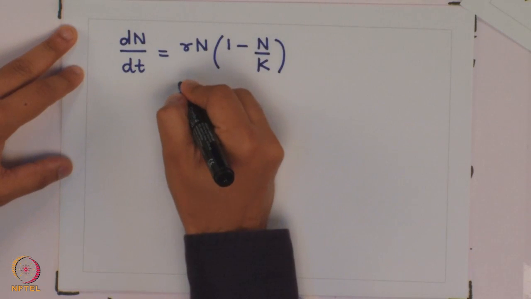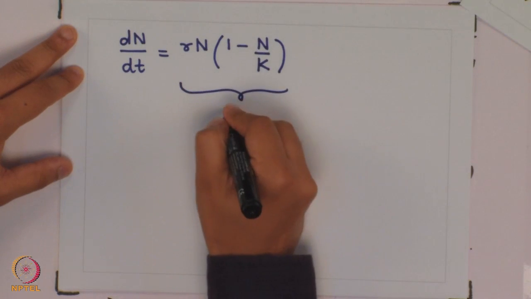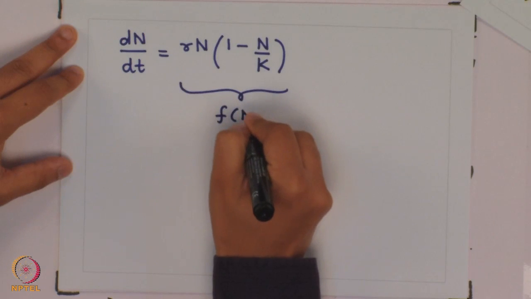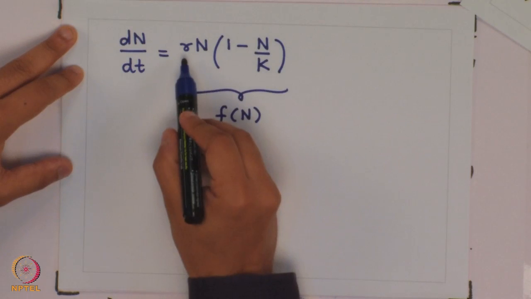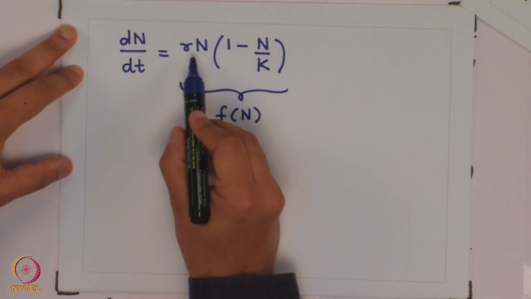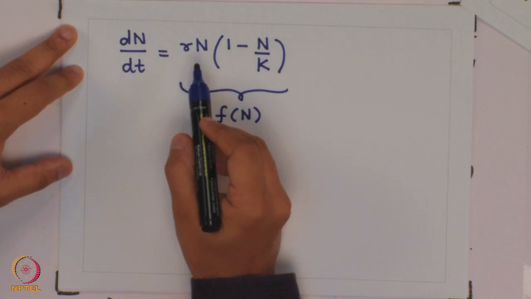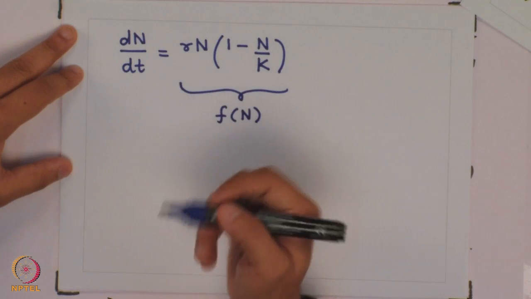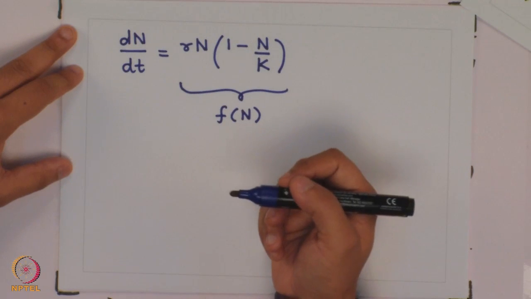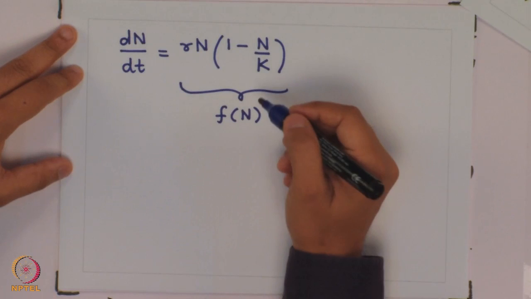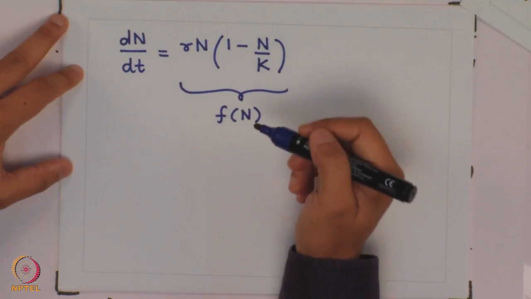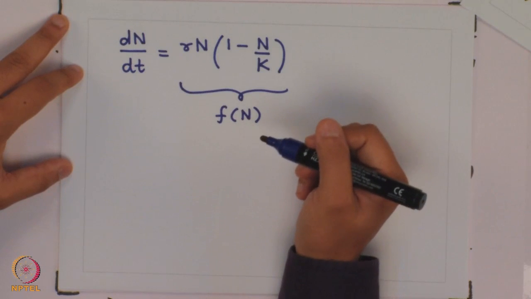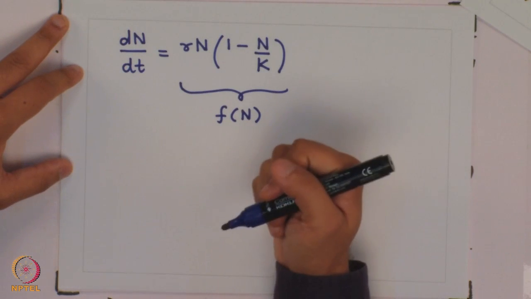We can see that the right hand side is a function of the variable N and two constants, r and K. r is a constant associated with the species of the bacteria that we are dealing with, because it represents the rate at which that species grows, and K is associated with the environment in which this experiment is taking place, because it represents the maximum number of individuals that the environment can support.